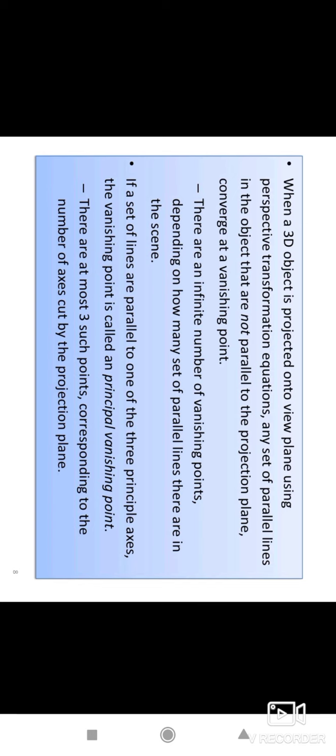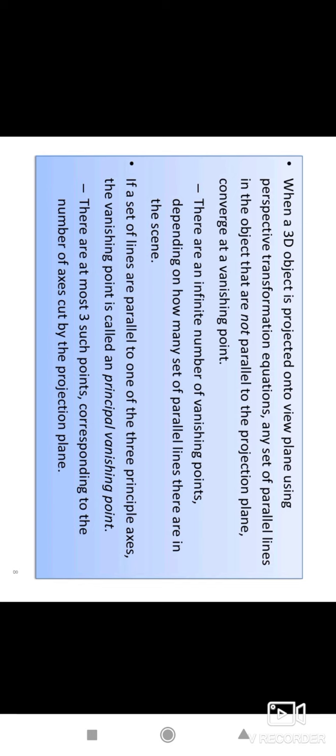So what is a vanishing point? I repeat: when we are projecting a 3-dimensional object onto a view plane using perspective projection, any set of parallel lines in the object that are not parallel to the projection plane will converge at some point, and that point is known as the vanishing point.